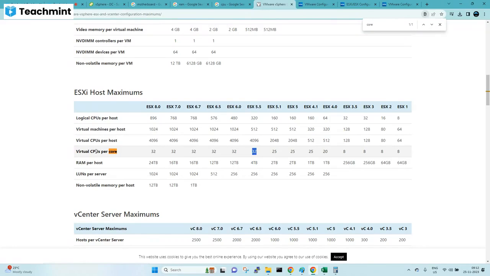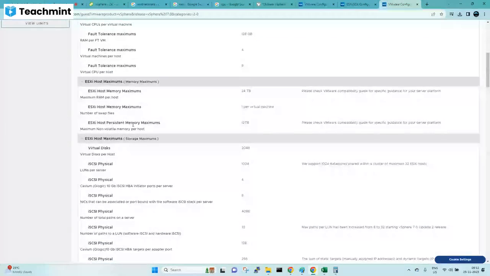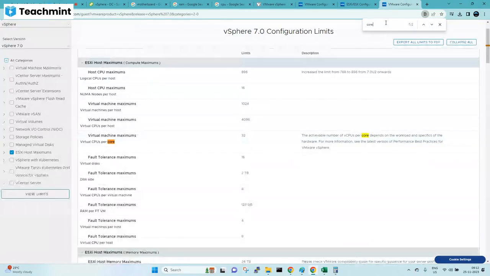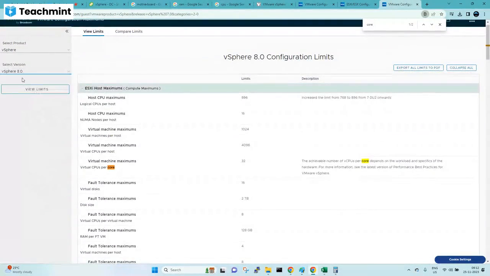Okay, virtual CPUs per core. The same thing you can check from the VMware official website. This is the official website, vmware.com. Virtual CPUs per core: 32. Which version? vSphere 7. If you select 8 also, it will be the same.